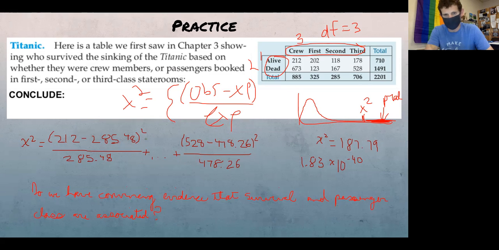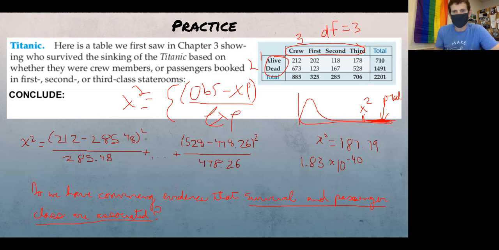Yes. So the second part to that, and you're off to a good start there: because our p-value is less than our significance level of 0.05, we reject the null hypothesis. There is convincing evidence that survival and passenger class are associated. Okay, so when we reject the null, we determine that there is an association between the two variables.